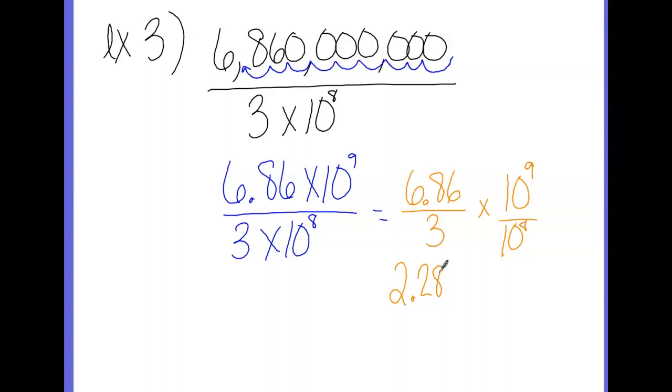Let's round it: 2.287. I think the book said to estimate to start with, but we didn't, and that's okay. Times, what do I do with my exponents? It's a quotient, so I subtract, so it would be 10 to the 9th minus 8, which is 10 to the 1st. Is that in scientific notation? Yes. So then that will be my final answer.